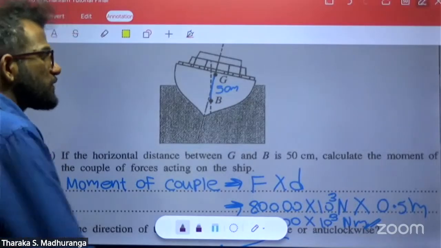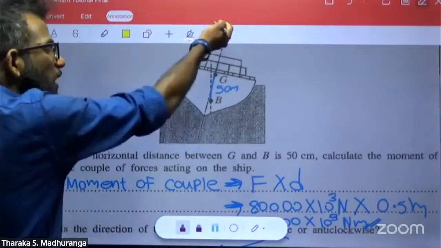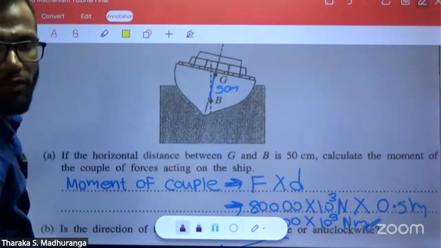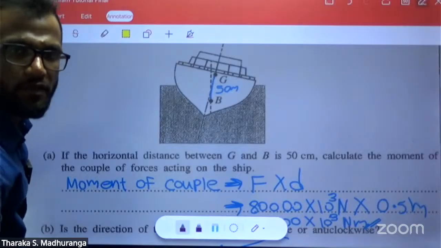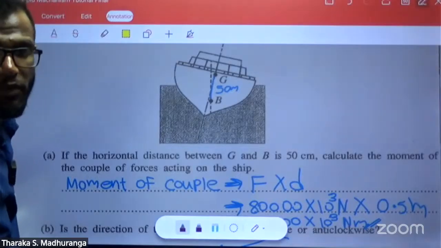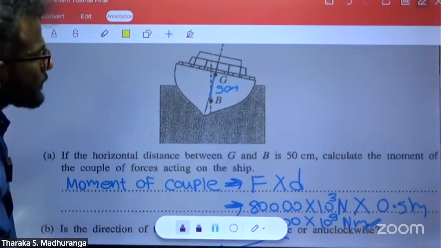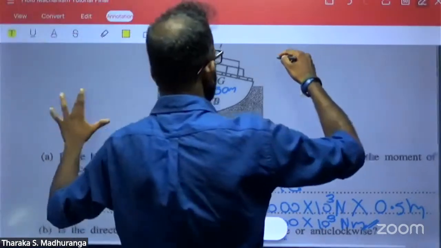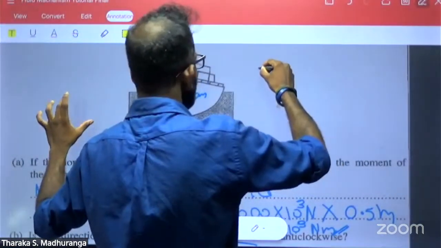The reason is that the gravitational point is higher than the buoyancy point. If it is, it rotates like this.